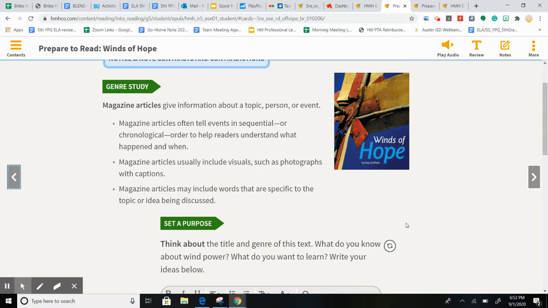Like if I'm really excited about reading a story, and I know it's a fairy tale, and I love fairy tales, and this one has a polar bear in it, I'm really excited to figure out, how does a polar bear fit into a fairy tale?